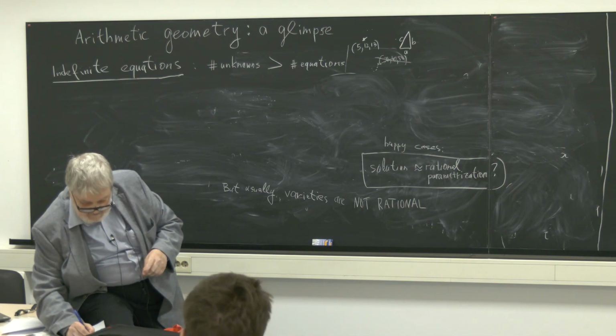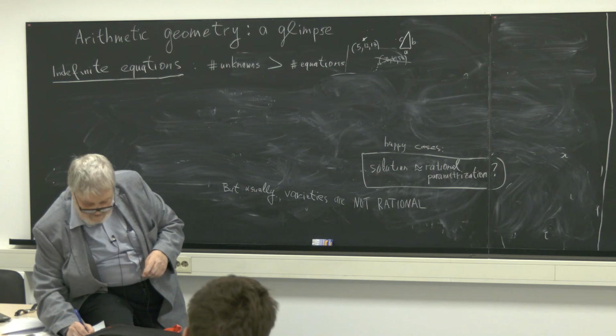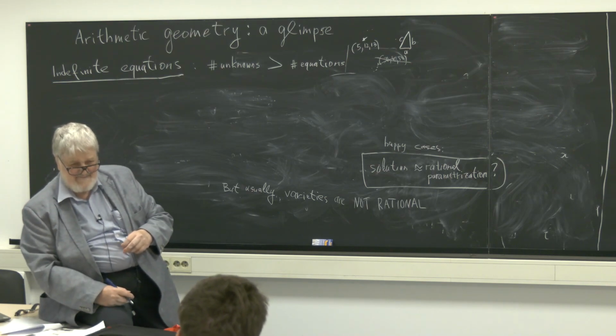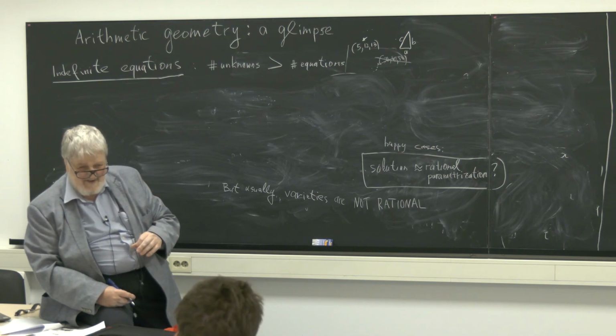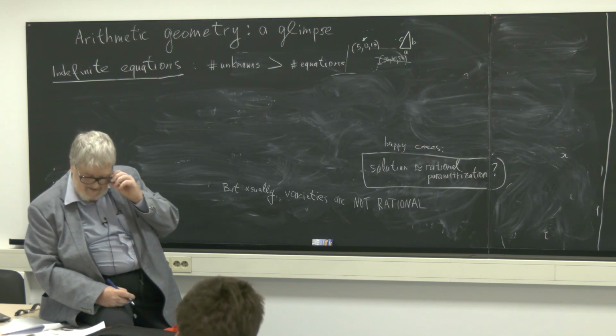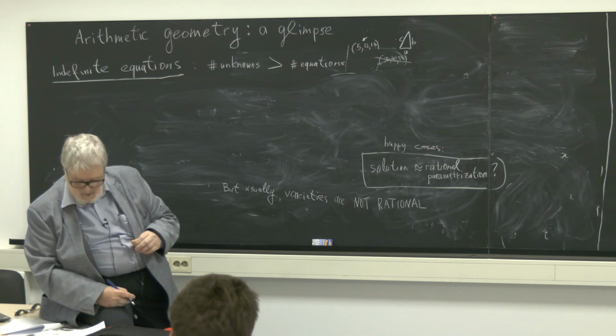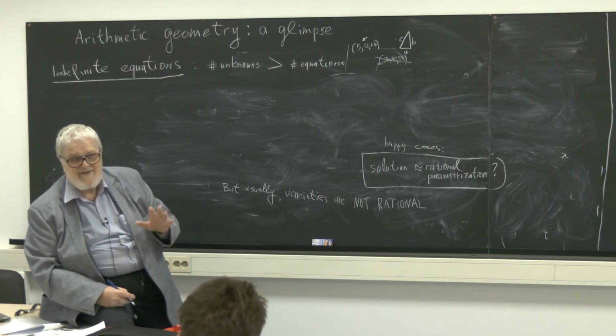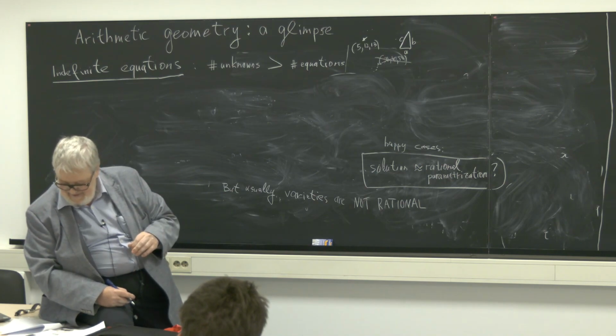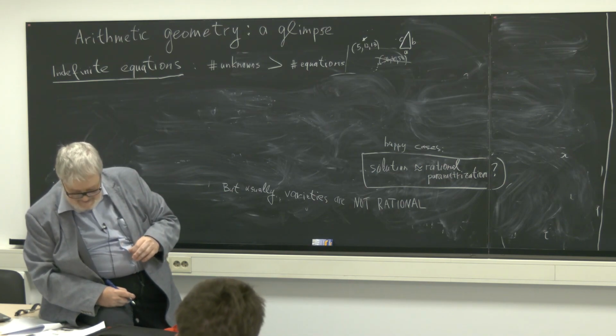E.G., have you taken any course of algebraic geometry in your life? Yes. Oh, then perhaps you were told about the varieties being rational or irrational. So perhaps it is some misunderstanding that you didn't raise your hand.